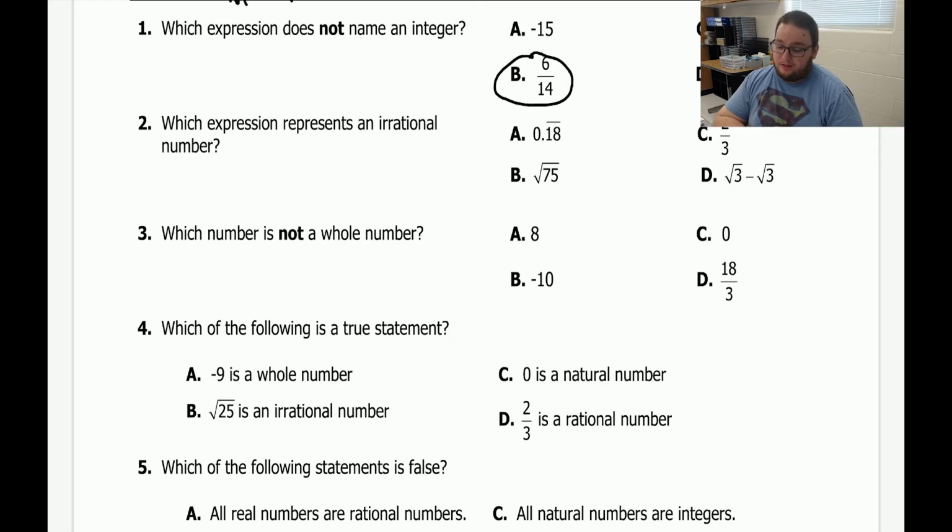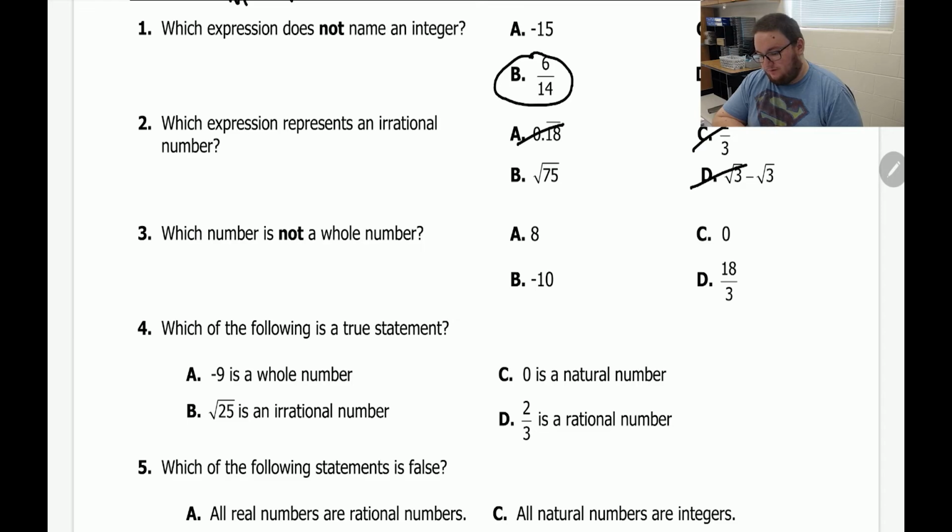That repeats, so it automatically gets thrown out. 2/3. 2/3 is one of our examples on the front page of rational numbers, so we can throw it out. We have the square root of 3 minus the square root of 3. Well, that's the same thing as saying 1 minus 1. That gives us 0. And 0 is not irrational, so we can throw that out.